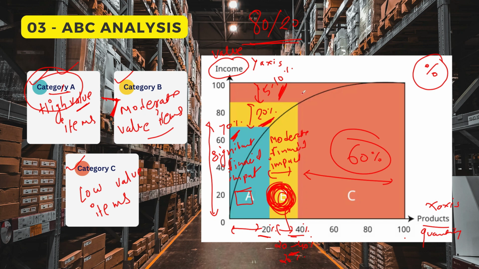So their value wise they are very low, but quantity wise they are very high. So they require minimal control because they have minimal financial impact.